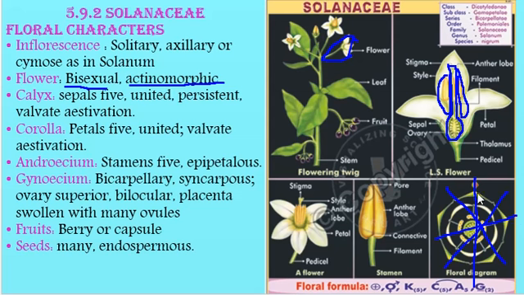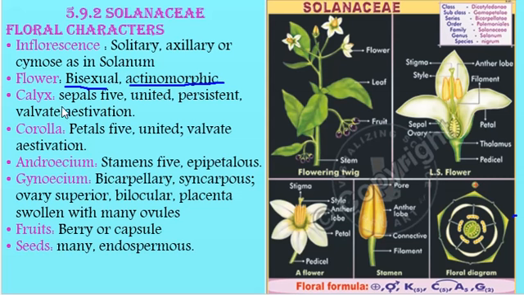So when you cut the flower into two equal halves in more than one plane passing through the center, such flowers are known as actinomorphic flowers. Hence here the flowers are bisexual and actinomorphic.